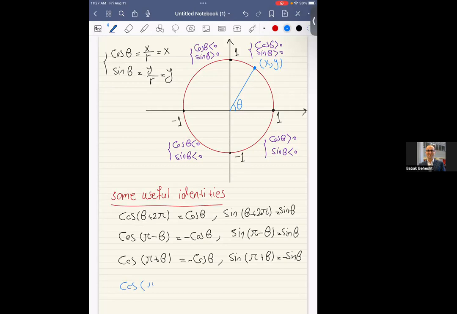Cosine of pi half minus theta equal to sine theta, and of course you can also write it in terms of sine: sine of pi half minus theta is equal to cos theta. So for instance, cosine of pi over 6 is equal to sine of pi over 3. Sine of pi over 6 is cosine of pi over 3.